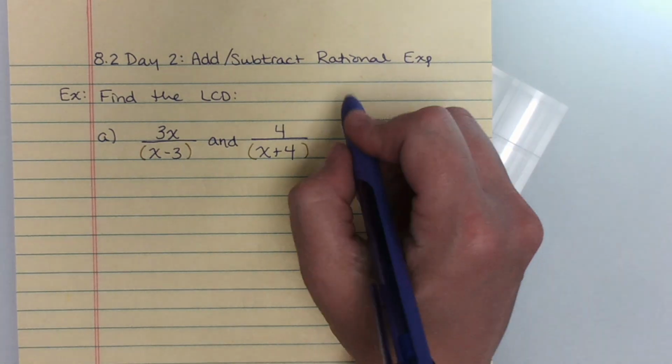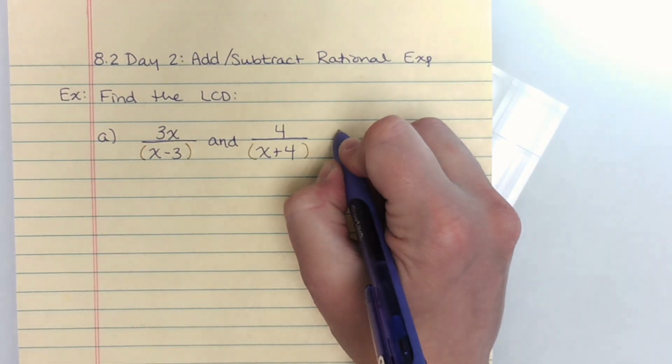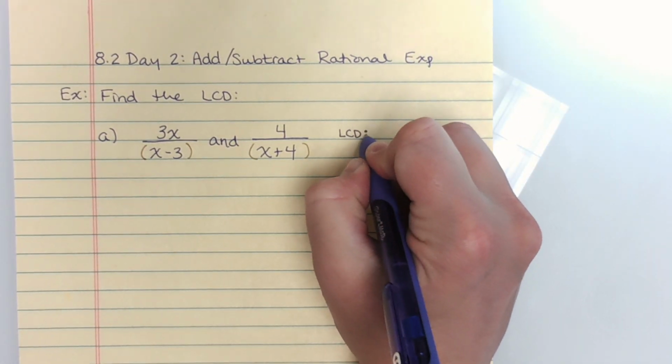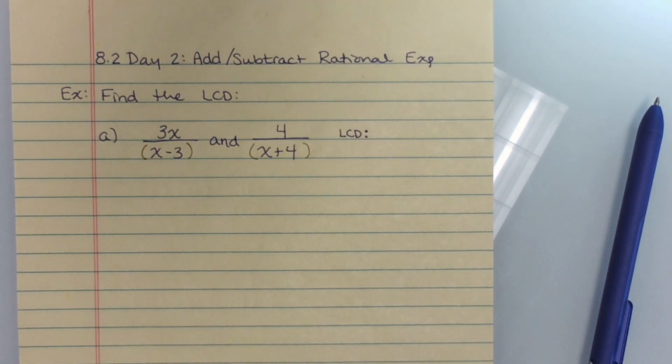Now, one of the things we talked about yesterday is that the least common denominator takes one of everything that the denominators have in common and then takes everything they don't have in common. And I'm talking about the full factors. So, my factors in my denominator are an x minus 3 and an x plus 4.